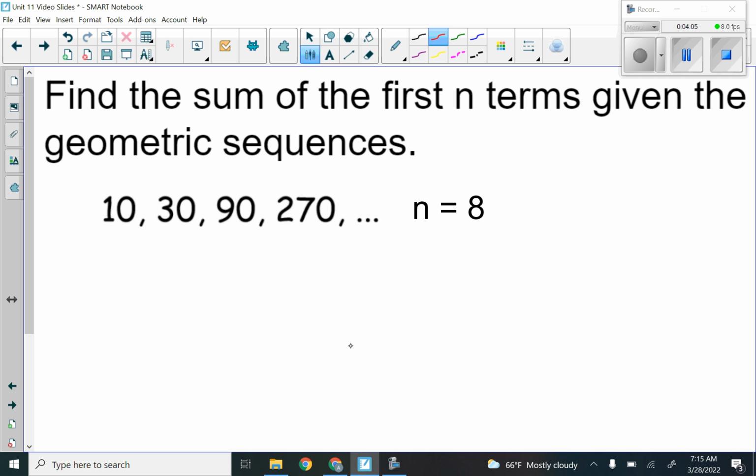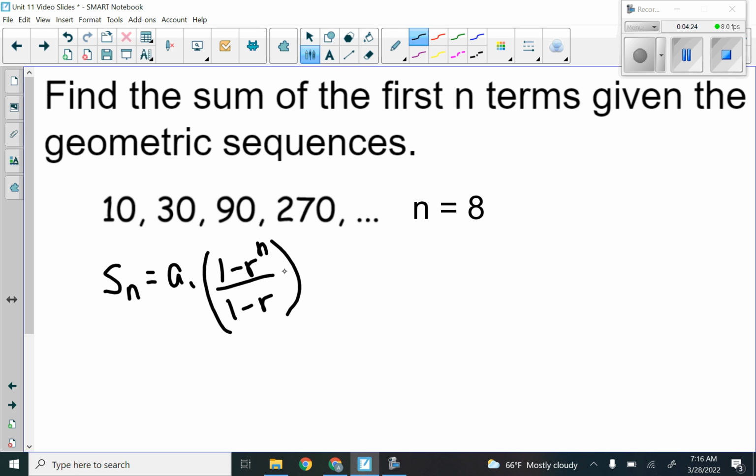Now I want you to try this one. Here is our formula. The sum equals your first term times 1 minus your ratio to the nth power over 1 minus your ratio.